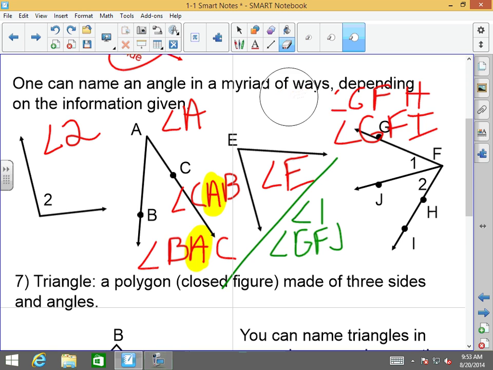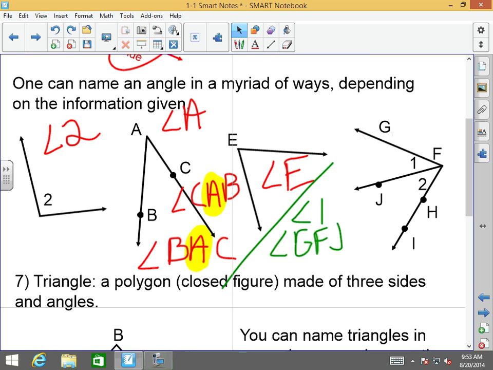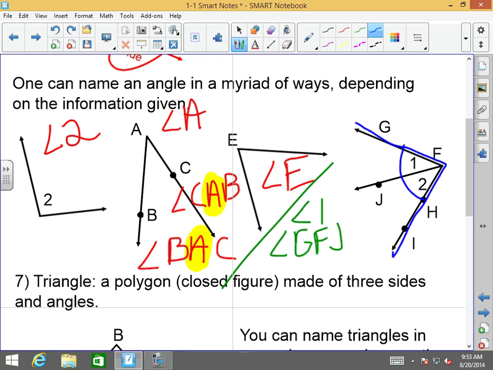What about angle 2? What can I do with angle 2? GFH is angle 1 and 2 together, is it not? GFH is this whole thing, right? I'm just looking for angle 2, sir. What would angle 2 be alone? JFH. Yes, very good.